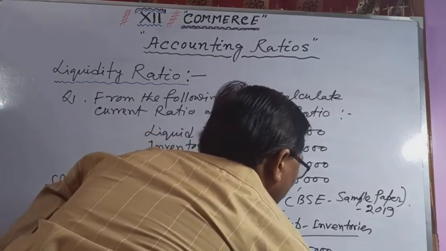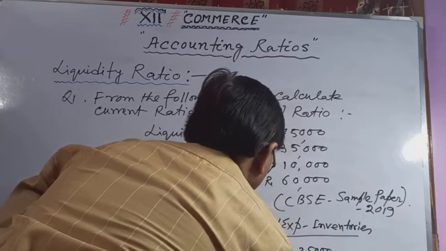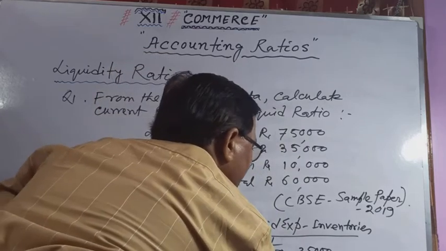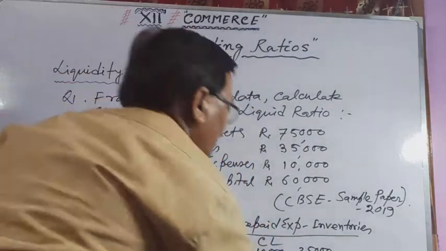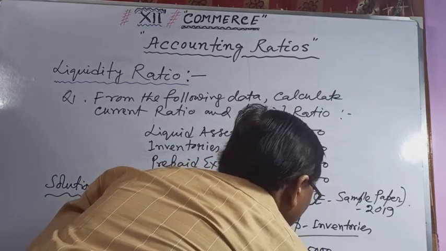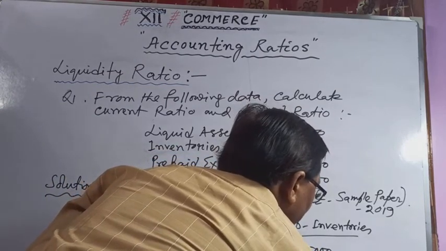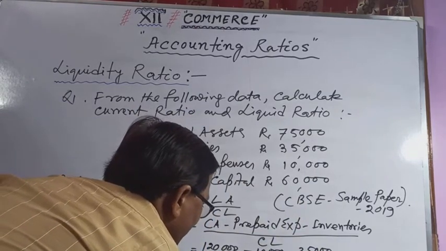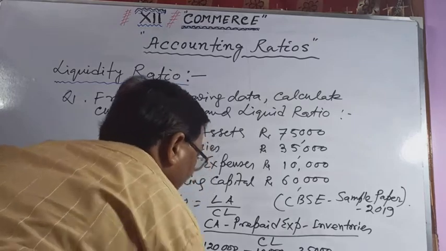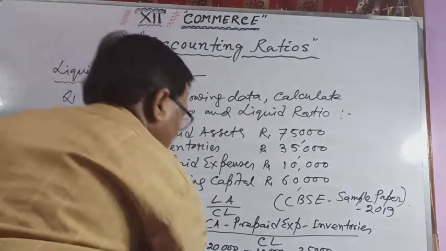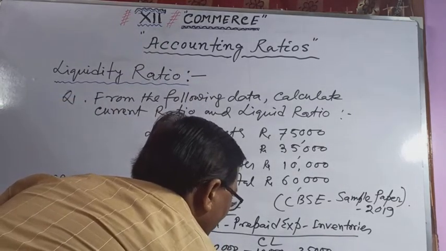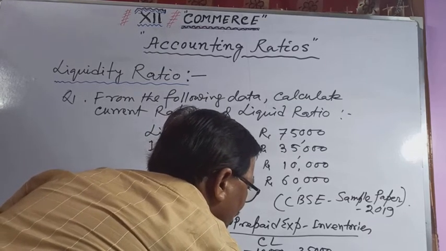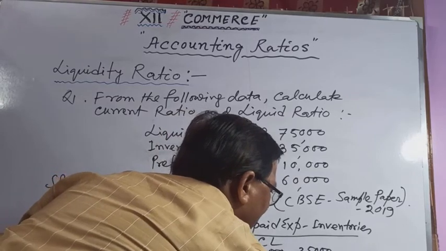This is equal to 75,000 by 60,000, that is equal to, in short form, 75 by 60, or you divide it by 15, 5 by 4, that is equal to 1.25:1. This is the answer.